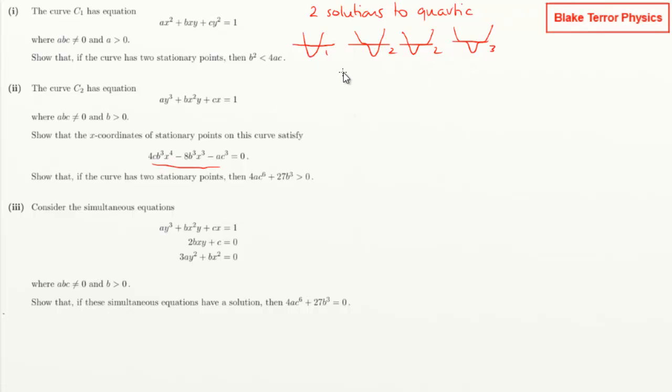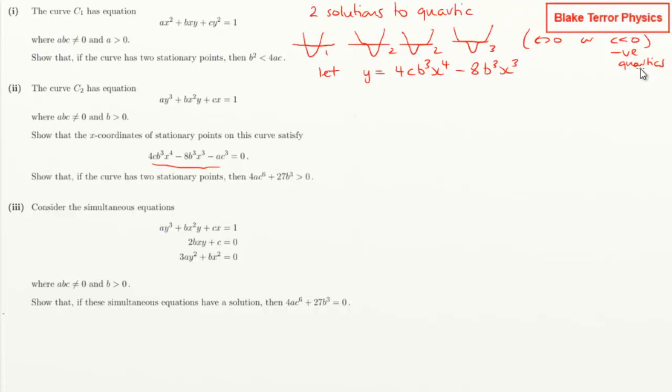So I need to interrogate this thing. So let's see how many turning points I've got to this quartic. So let y equal 4cb cubed x to the 4 minus 8b cubed x cubed. Actually, I'm going to put a note up here. So that is c greater than 0 or c less than 0, because we could have negative quartics.